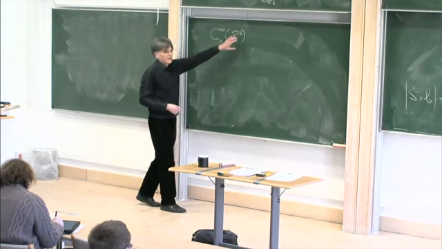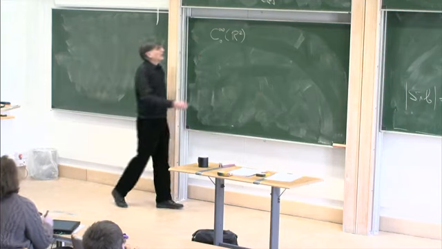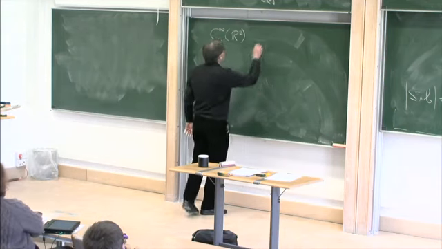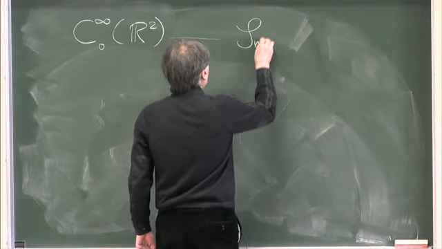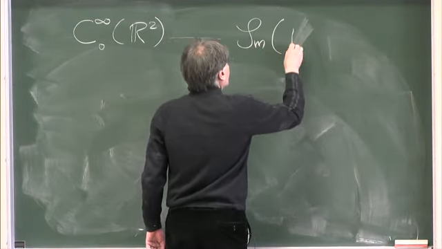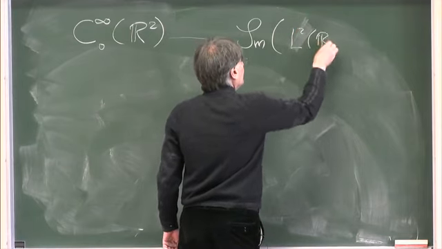Well, it's well known that geometric quantization gives you a one-parameter deformation of this to the space I'll call smoothing operators on L2 of the line.